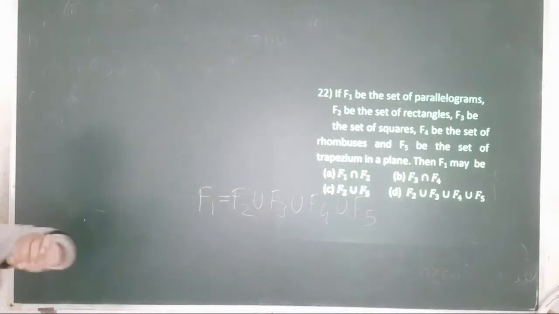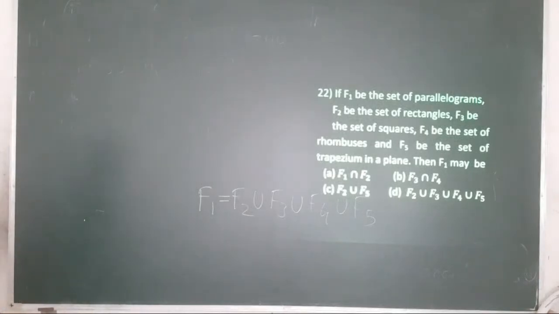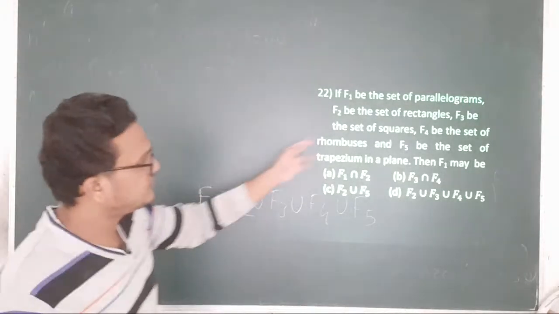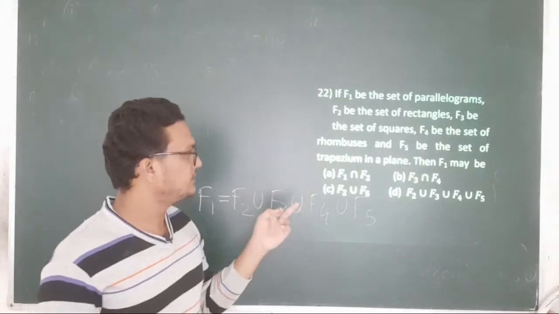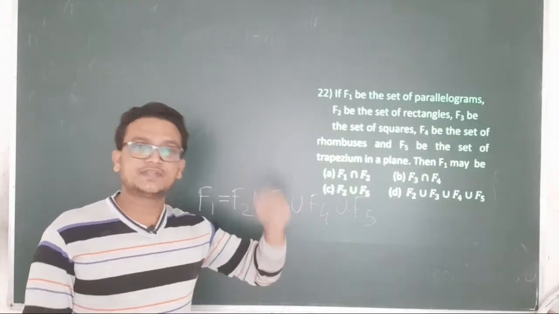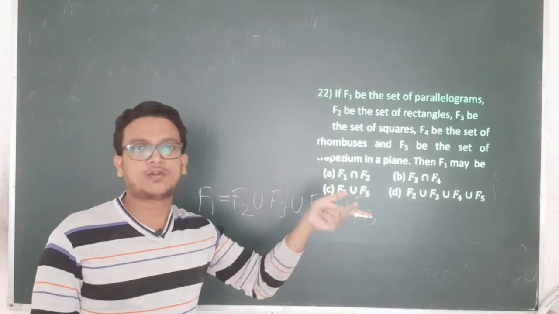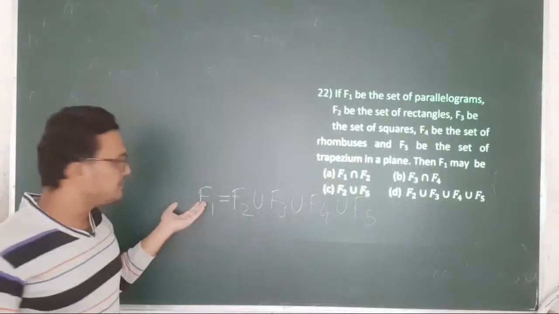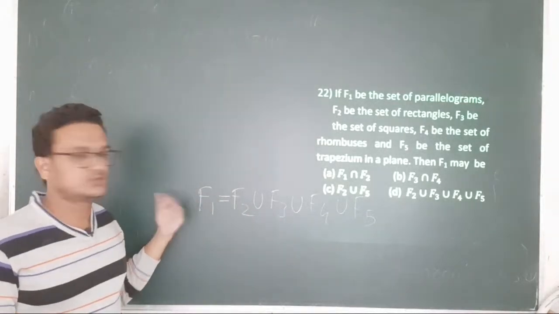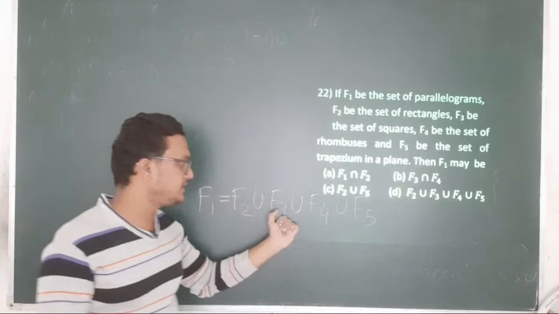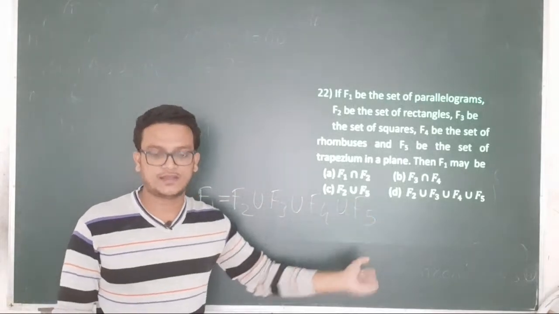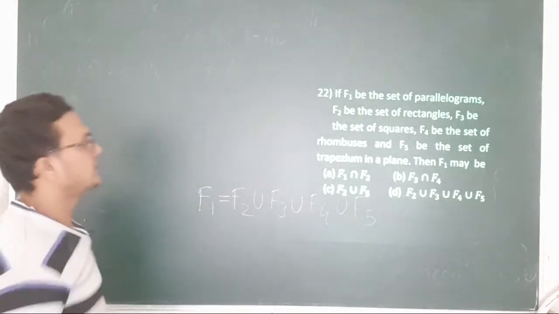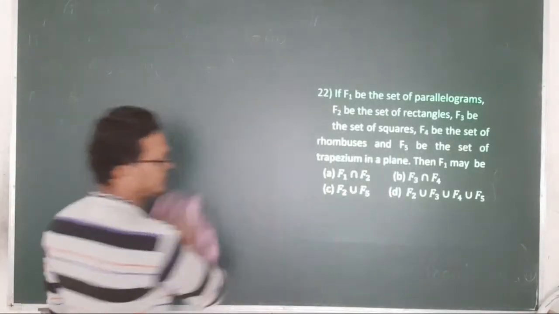So option D is going to be correct. Why? Because each one of the elements of F2, F3, F4 and F5 represents a parallelogram. If you combine them, again it represents a parallelogram only. So F1 equals F2 union F3 union F4 union F5. Option D is correct.